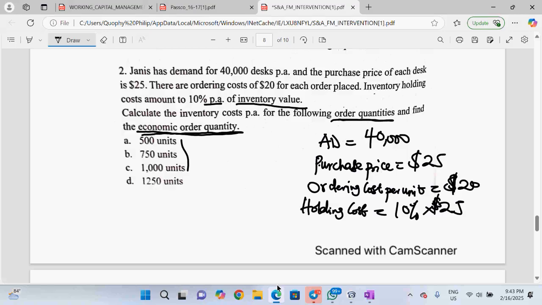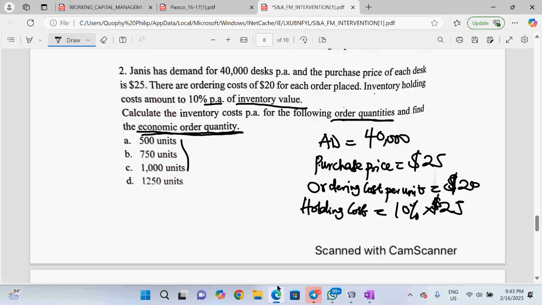Annual demand is 40,000. They want to know whether we should order 500 units, first batch, second batch, which sum up to the 40,000 annually.